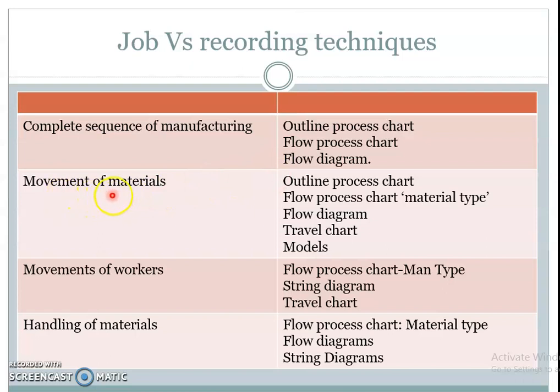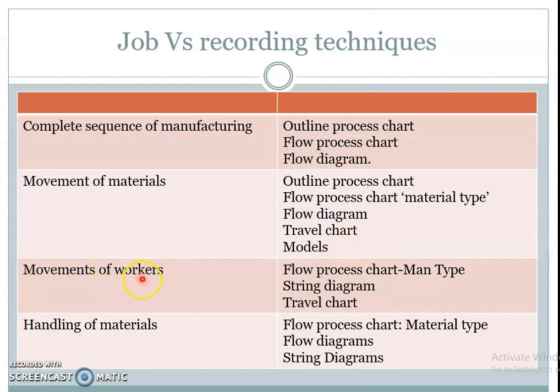If we want to depict the movement of materials, we can use the outline process chart, that is, the operation process chart, or the flow process chart with material type. We can also show the movement of material with the help of flow diagrams, travel charts or by constructing models.